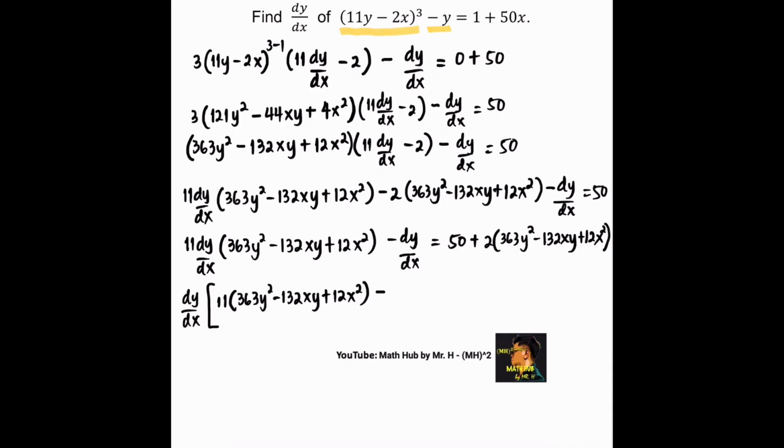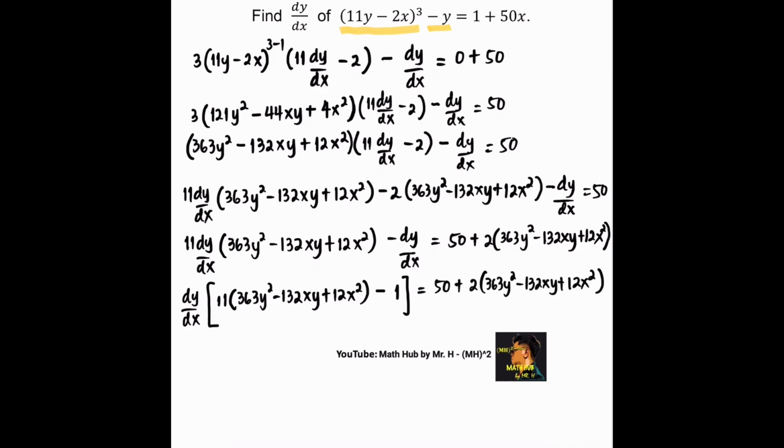Minus 1. And for the right hand side, we just copy everything. Alright, next is we need to divide both sides of the equation by this whole thing, because we need dy over dx left on the left hand side of the equation since we're solving for that.